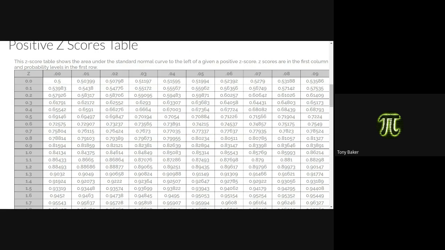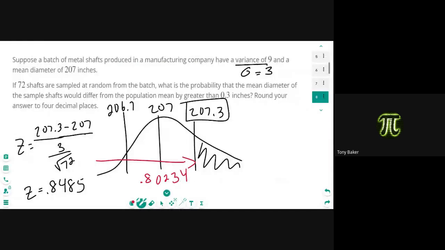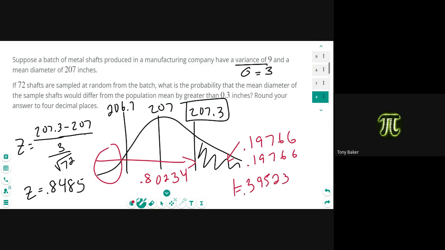So this number right here, when I subtract it, the piece here is 0.19766. I have to double it to find that side too. So your final answer is 0.39523.